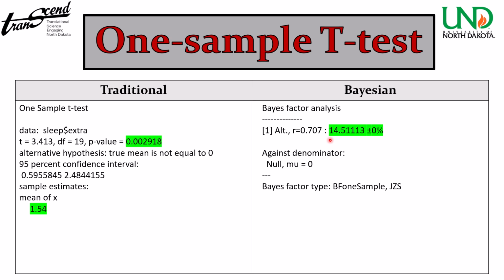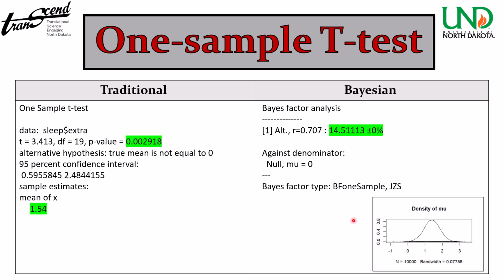However, if you run those chains, you can get a posterior density, an estimation of the mean in Bayes, and we can see here, I just put that part, mu. That's the mean of the sleep.